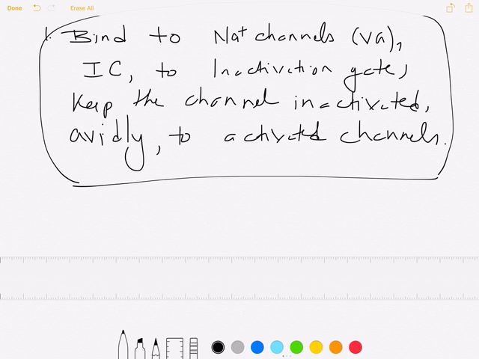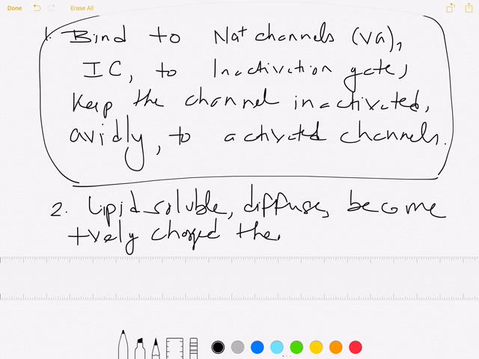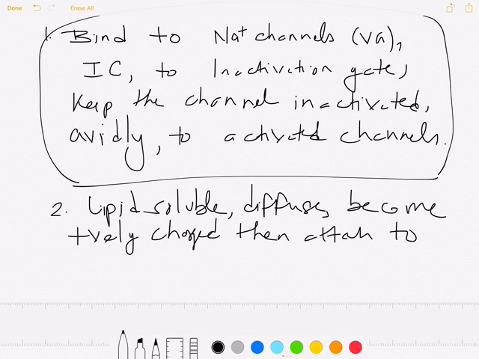And for brownie points, they diffuse into the cell because they are lipid soluble, so they diffuse inside the cell and become positively charged and then attach to the sodium channel.